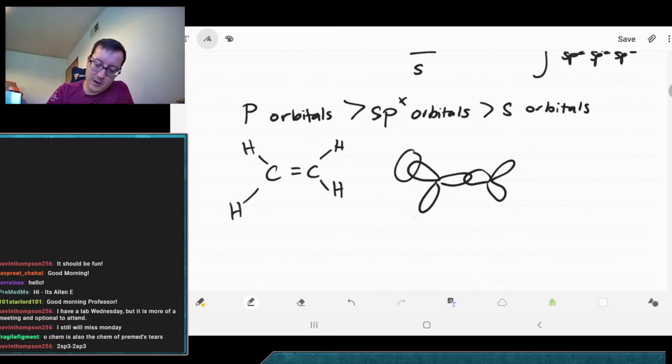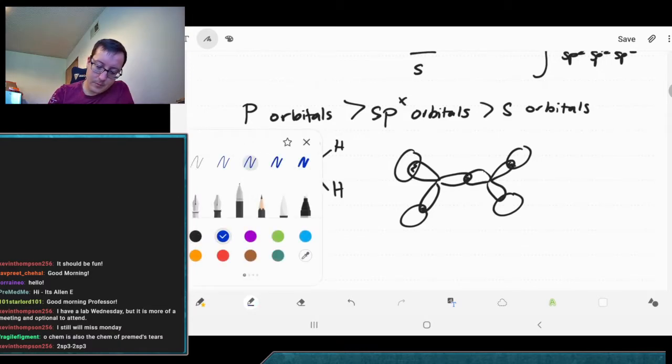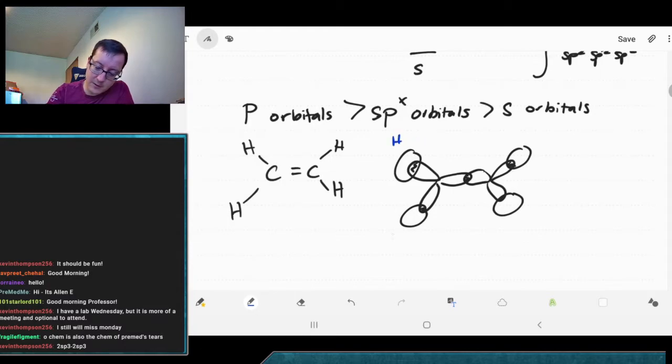If we put on our hydrogens here, these are all of our hydrogens. That's the carbon, that's the carbon.